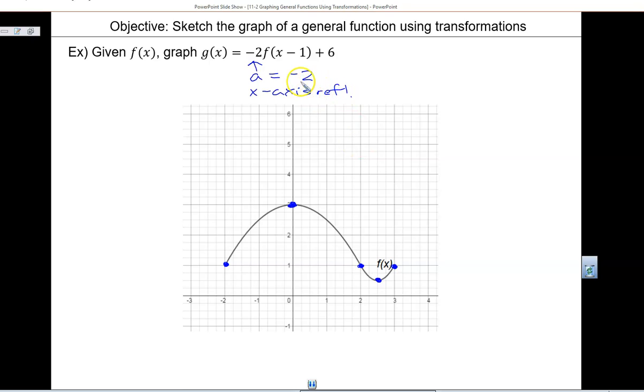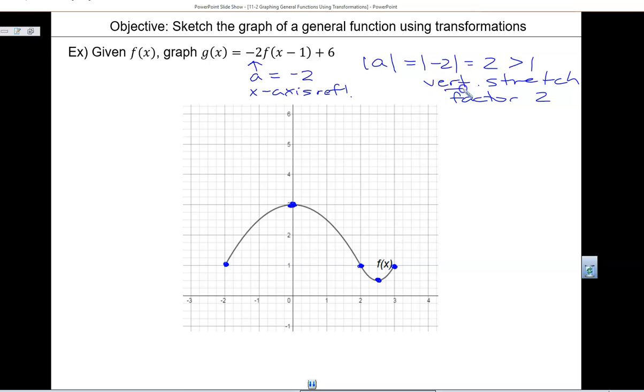We only do the reciprocal when we have that 1 over B. So we end up with B. So here now we do the absolute value of A, and the absolute value of negative 2 is 2, which is greater than 1. So that gives us a stretch, and with A, like we've known before, that is a vertical stretch. And our factor of that stretch, remember, is our absolute value. So we have that factor of 2, which means that we're going to take the up-down and multiply them by 2.